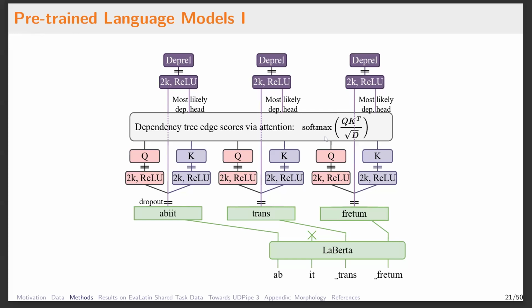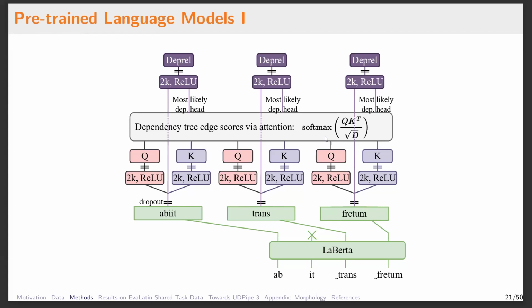For these scores, we need a scoring head for two words. One would be the head, the other would be the dependent, and then we combine them into a dot product attention to get the scores for the graph.